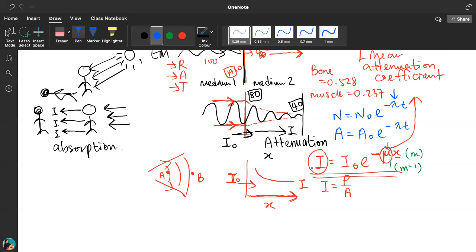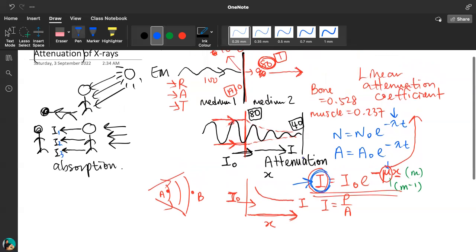You can calculate it using this equation, I. Here you have I1, I2, I3. They all reach the film. There's a chemical reaction there. They produce blackness of different intensity.